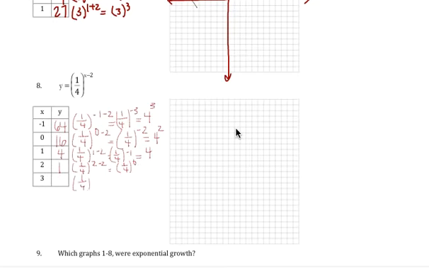And 1/4 to the 3 minus 2, 1/4 to the 1st power is 1/4. Okay.